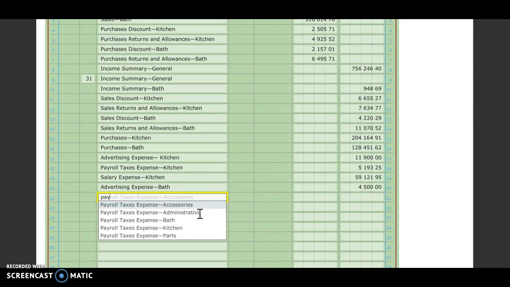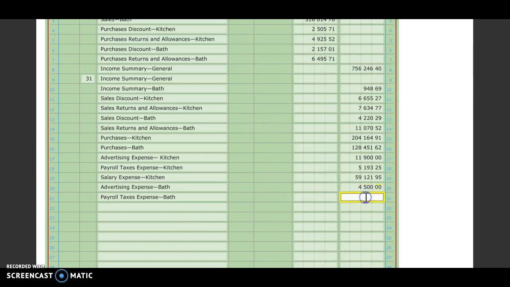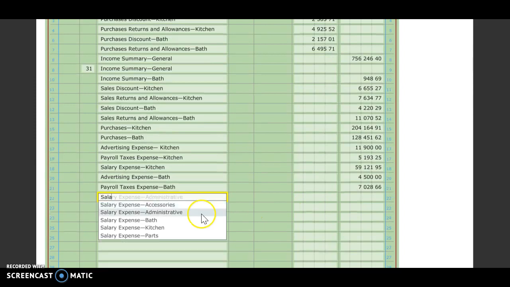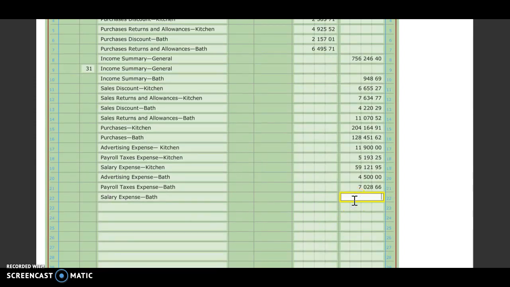Payroll taxes expense bath, $7,028.66. Salary expense bath, $81,103.91. Credit card fee expense, $4,502.93.